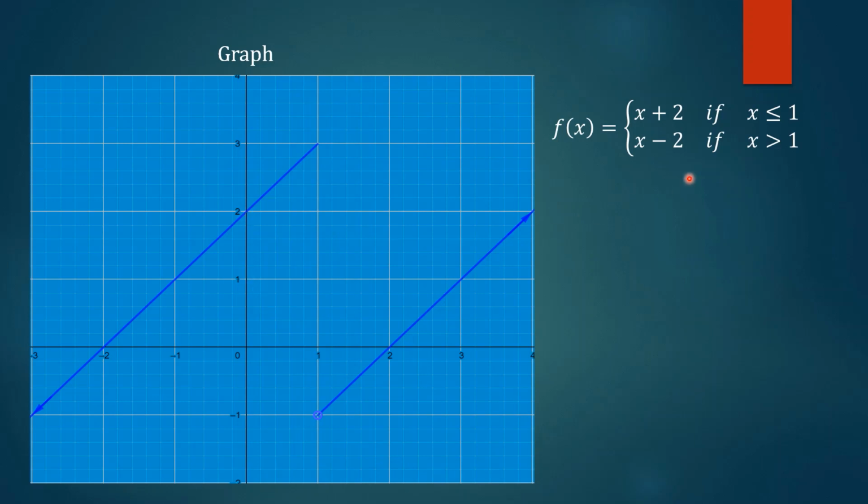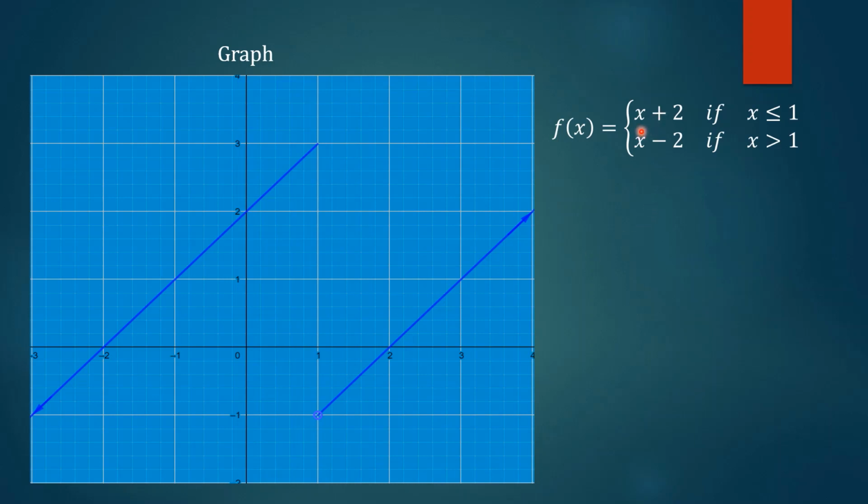Similarly, if you take x equal to minus 1, then f(x) is equal to 1. If you take minus 2, then f(x) is equal to 0, you see here 0, and so on. You may also take x equal to, say, half.